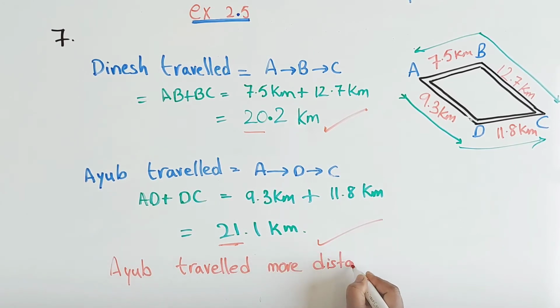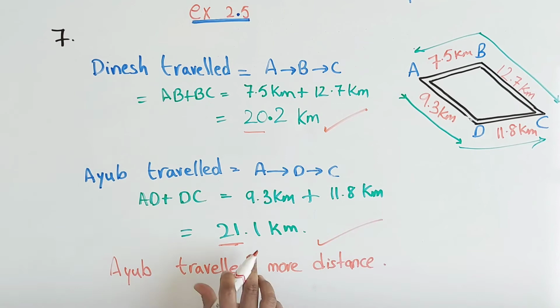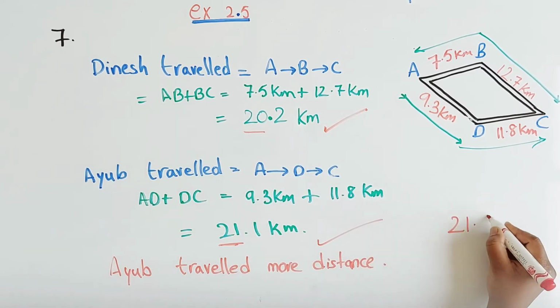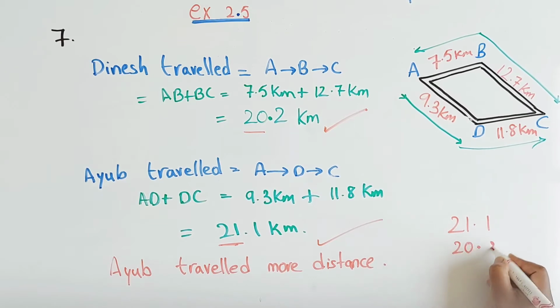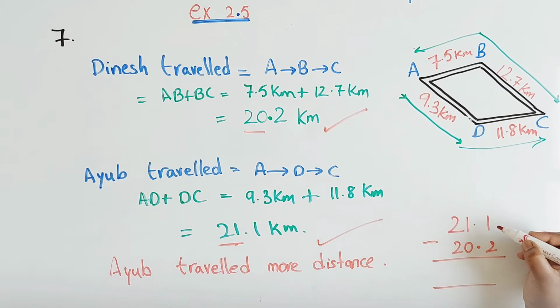Correct, children? By how much? That means we have to do subtraction. 21.1 minus 20.2. Here we'll do subtraction. Correct, children? It is 1 here and 2 down.